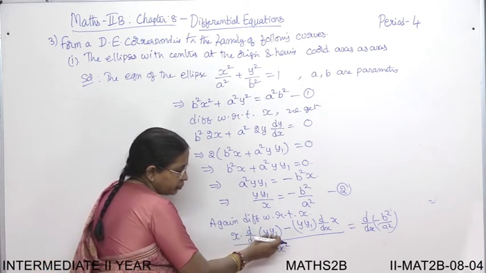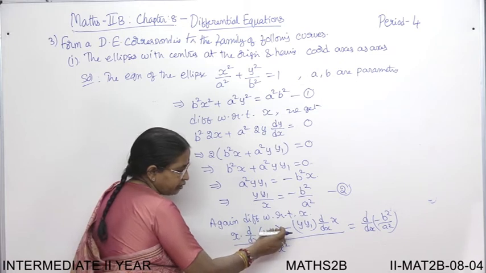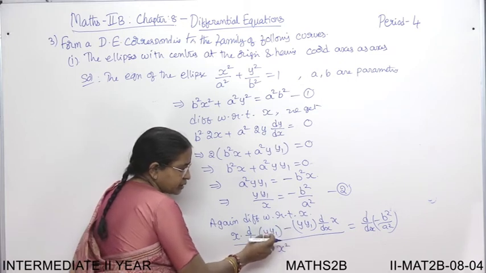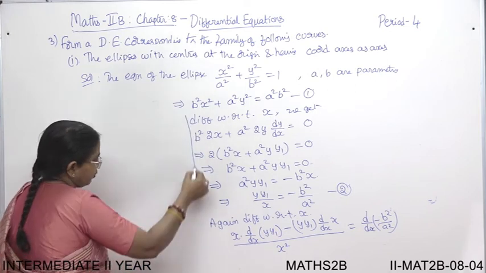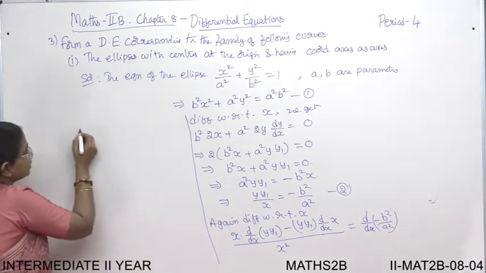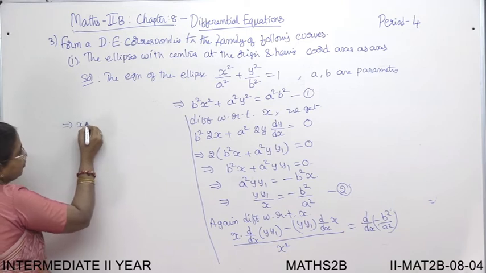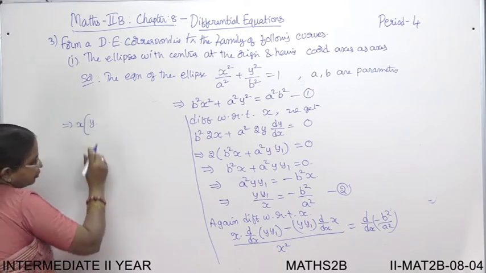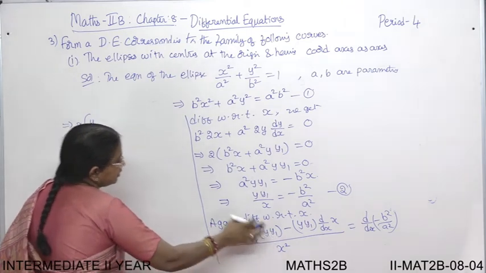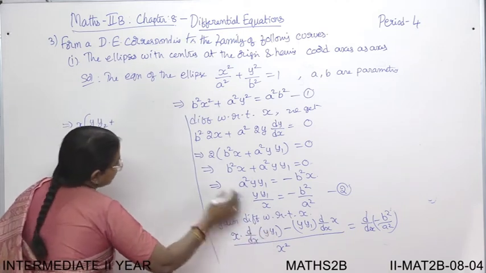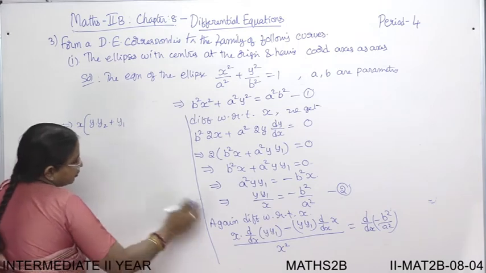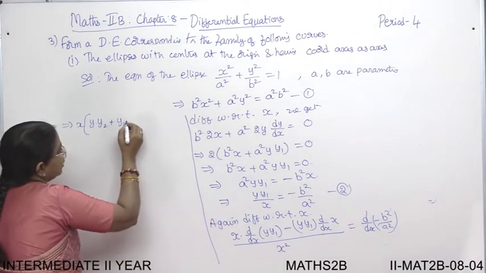This is in the form uv. First function into derivative of second function plus second function into derivative of first function. So those steps you have to write properly. Okay, so it implies x into derivative of y1 is y2 plus second function, that is y1 into derivative of first function.